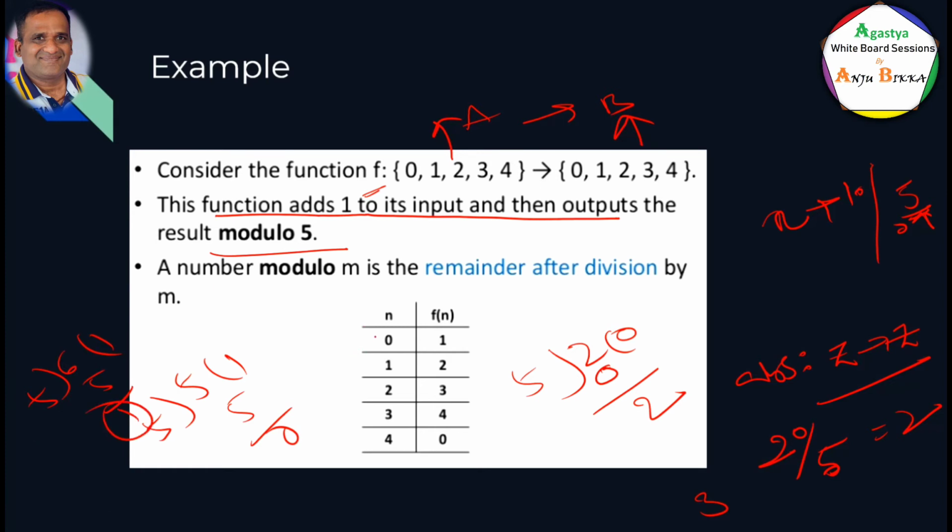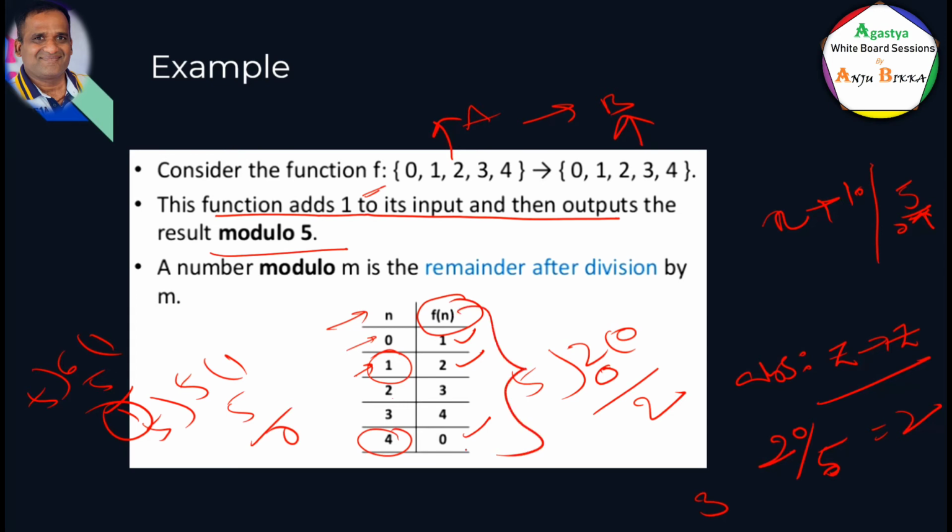So in the case of n equal to 0, what is f of n? We add 1 and take the remainder: 1, remainder 1. If the input is 1, 1 plus 1 is 2, and 2 mod 5 is 2. Then 2 gives 3, 3 gives 4, and 4 gives 0.